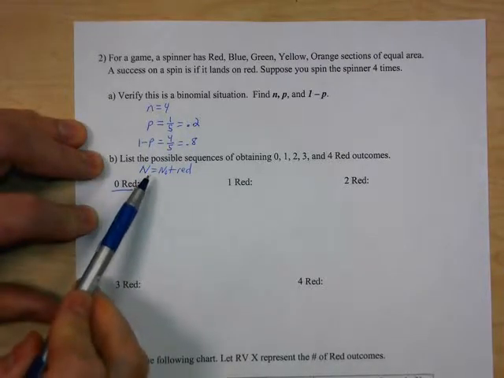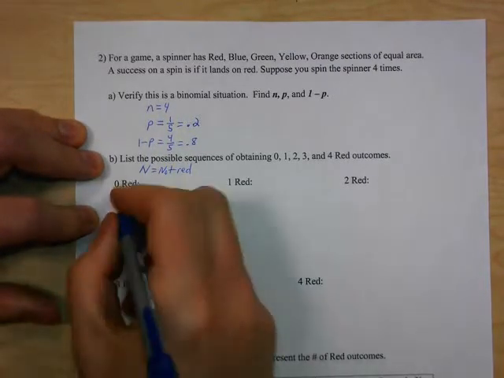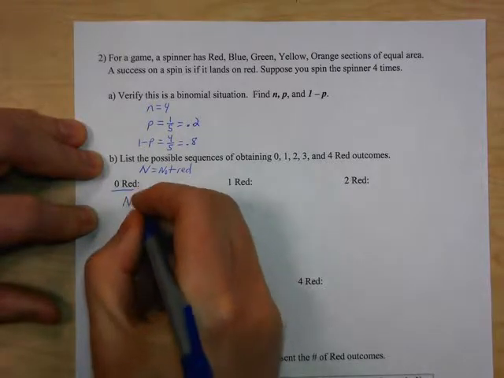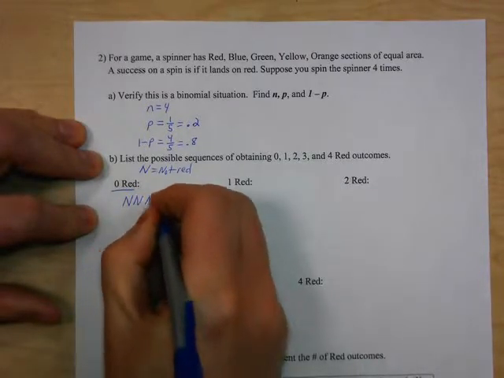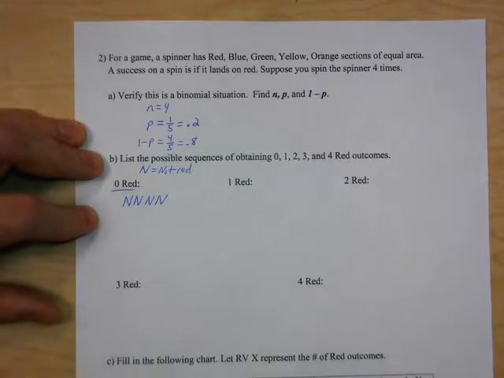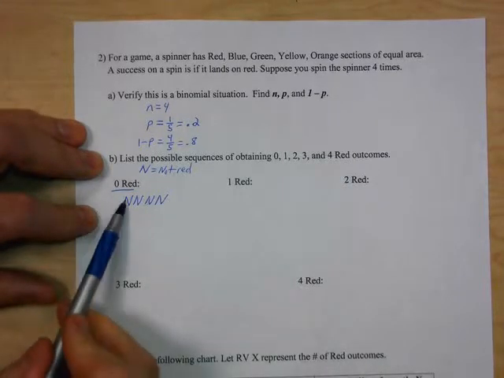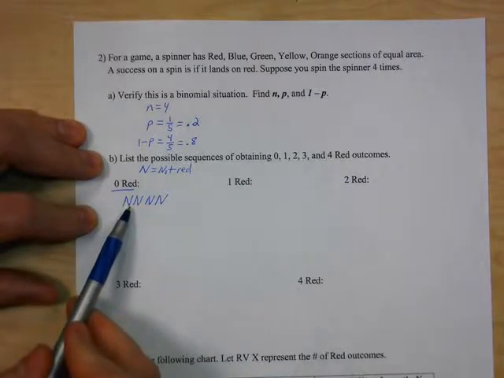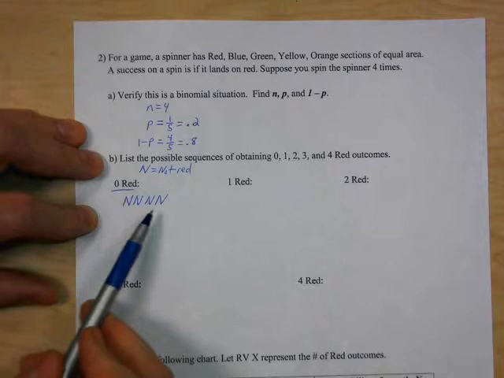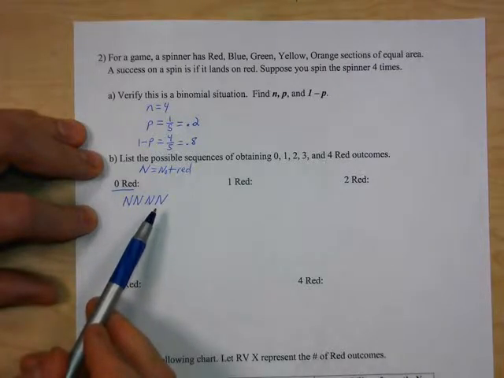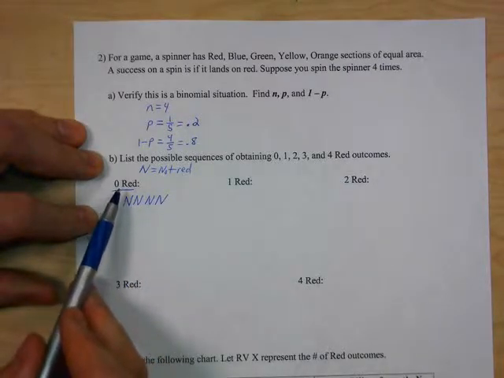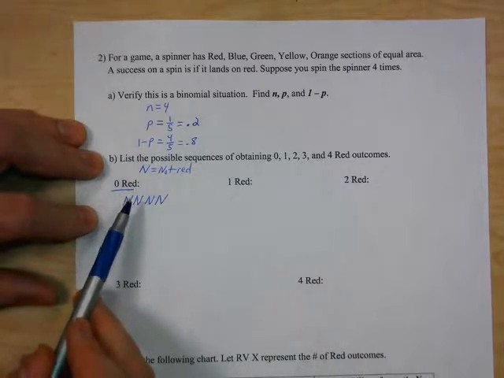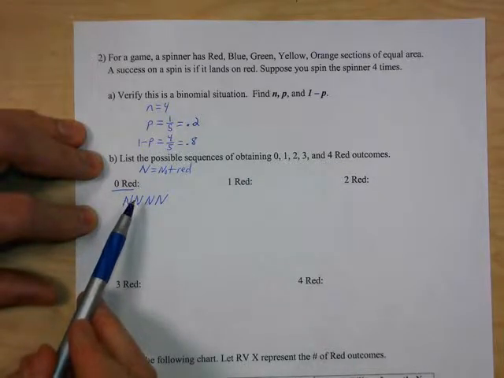Capital N just means not red. So the first spin had to be not red, and the second, third, and fourth had to be not red also. It doesn't matter if the not red was an orange or a green or a blue. It just mattered that it was not red. That's the only way you can get 0 reds, so there's only one sequence of getting 0 red.